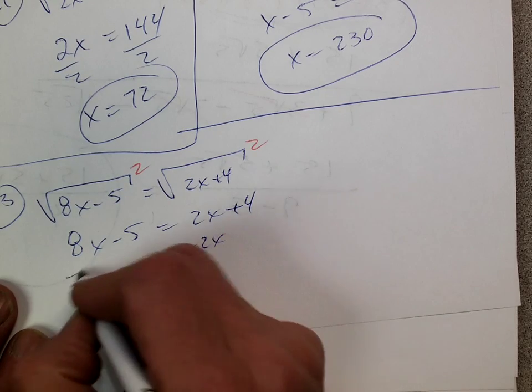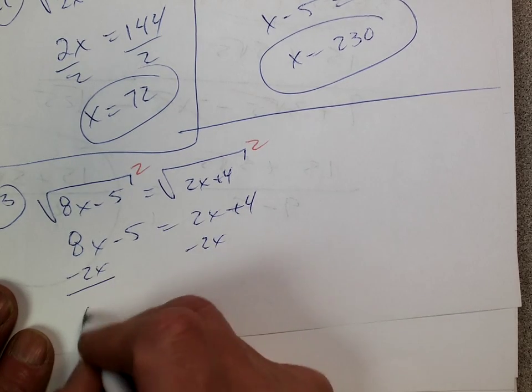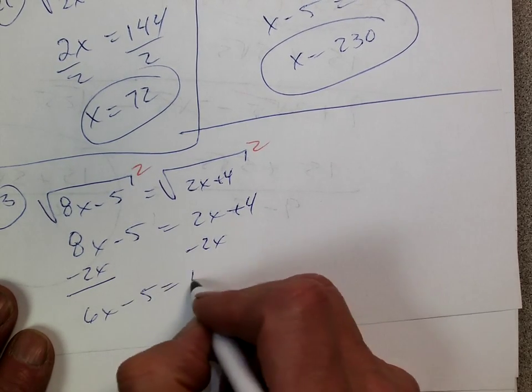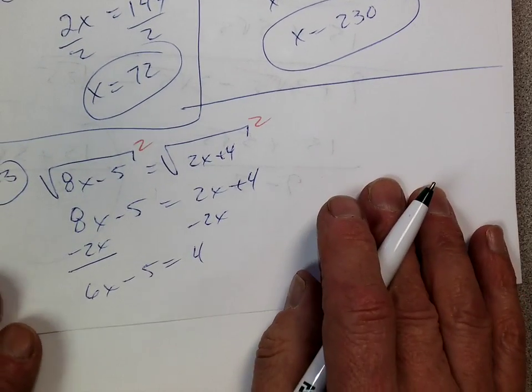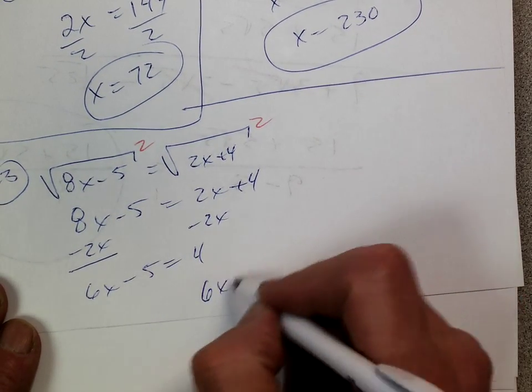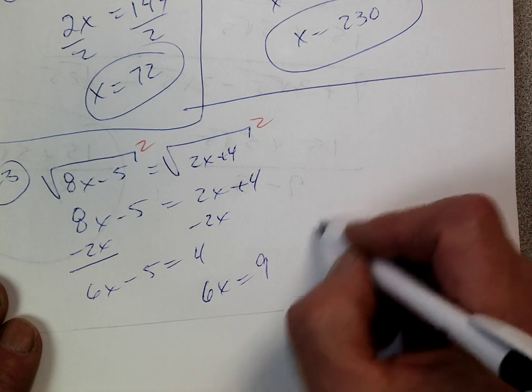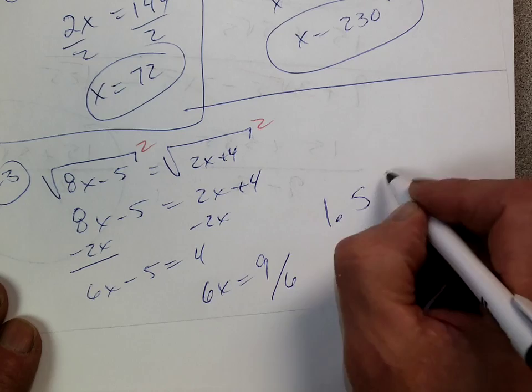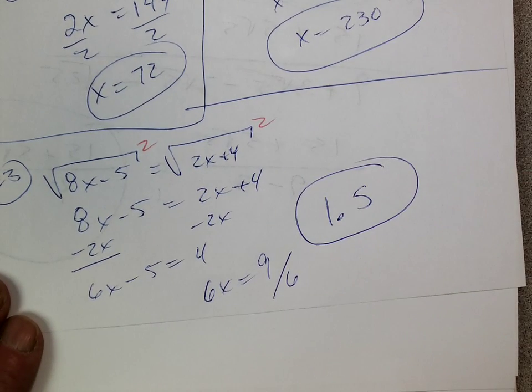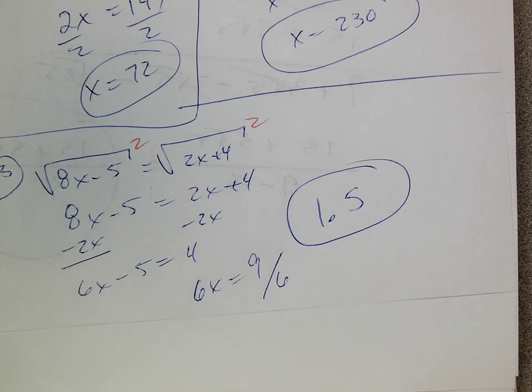Minus 2x, right? 6x minus 5 equals 4. Plus 5, 6x equals 9. Divide by 6, and believe it or not, it is 1.5. 9 divided by 6, 1.5. Try it on your calculator if you don't believe me. 3 halves.